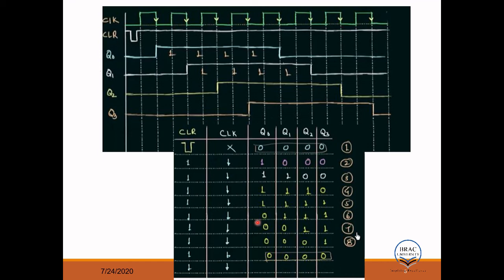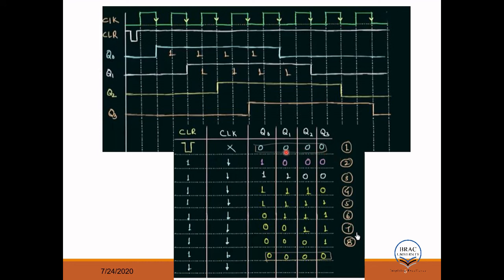So just look here, 4 flip-flops, we have 4 into 2, so 8 states, right? And it's not counting 0 to 15 or something like that, so it has a special kind of numbering. It's not following the binary sequence.